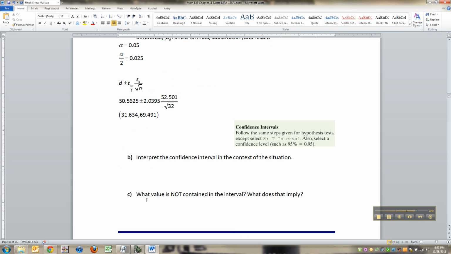On a side note, I want to just chat about this last question before I move on to another tutorial, which is what value is not in there? And the answer is 0, right?